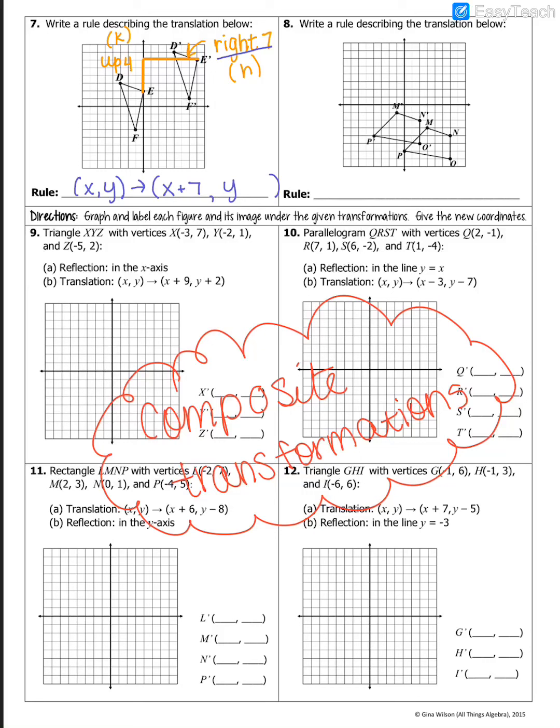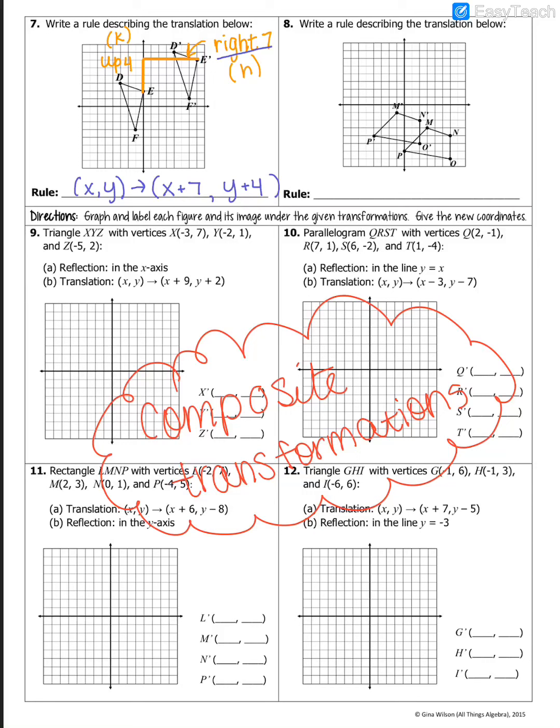If it were moving left, it would be a minus. Since we moved up 4, the Y, the vertical shift, is going to be a plus 4. And that's all there is to writing it. So track one point, whatever point you want. Figure out how far you went to the left or right, how far you went up or down, and then you just write your rule.